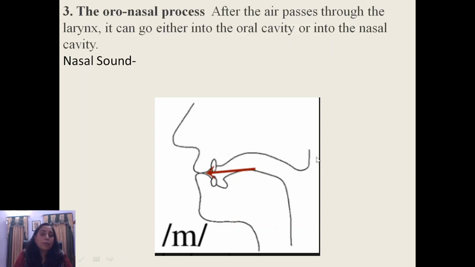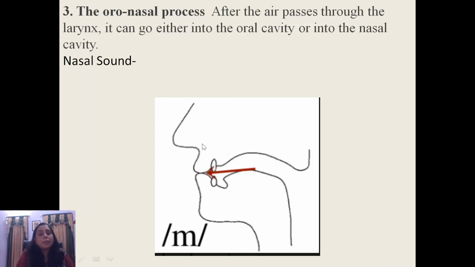So there are oral sounds. And if there is a problem in anybody's organs of speech and the complete closure is not made, at that time the air escapes through the mouth and through the nose simultaneously. So the sounds become nasalized.